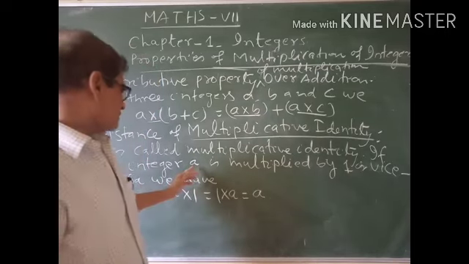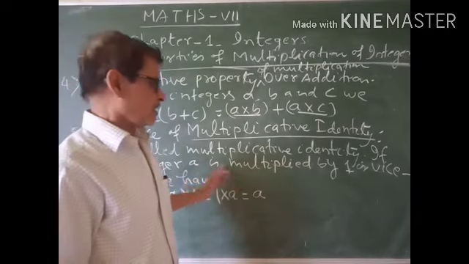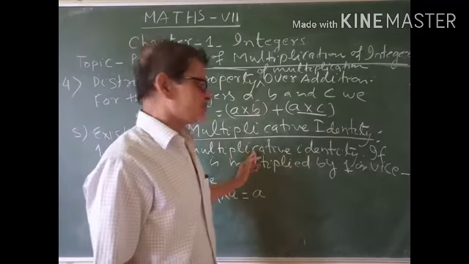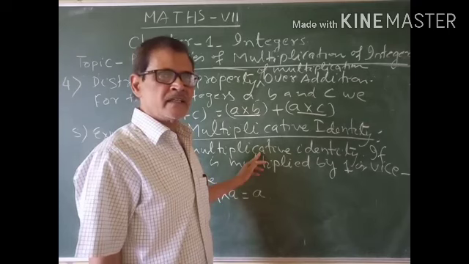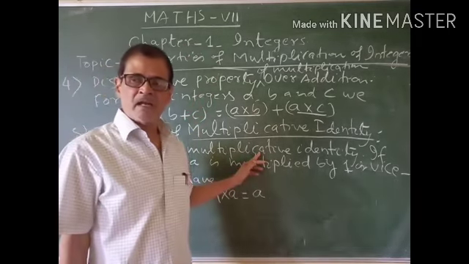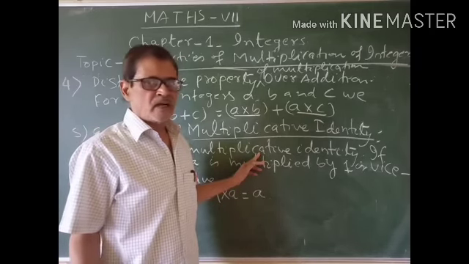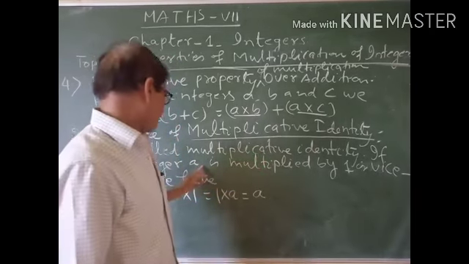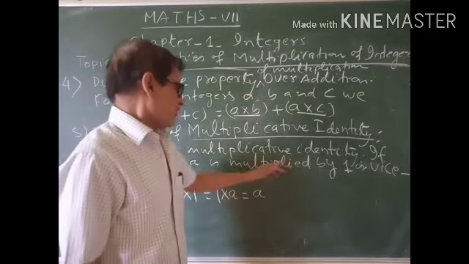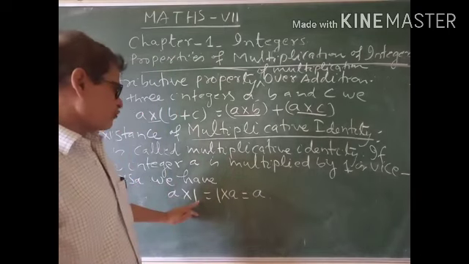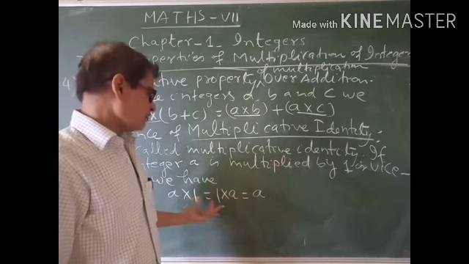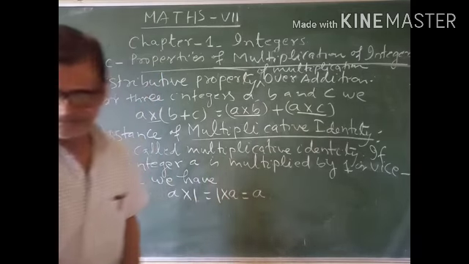Here for an integer, 1 is called multiplicative identity. You know very well, if 1 is multiplied by any number, the product is number itself. So here for the integer a, we can write here a into 1 or 1 into a, the product will be equal to a.